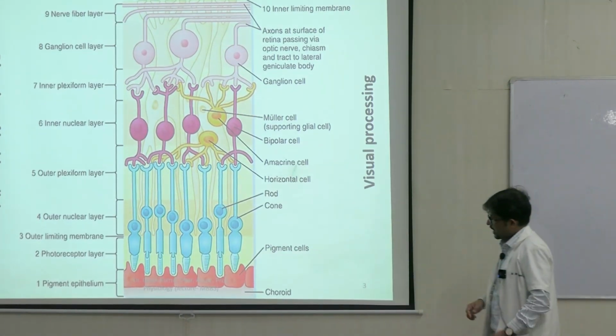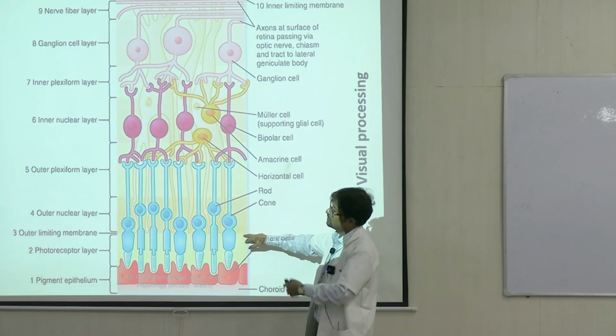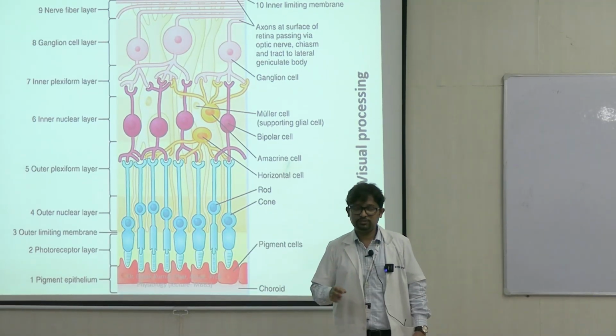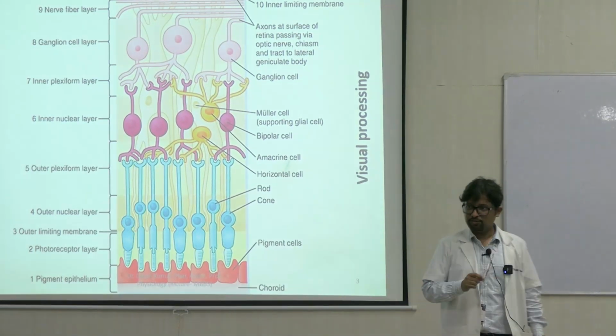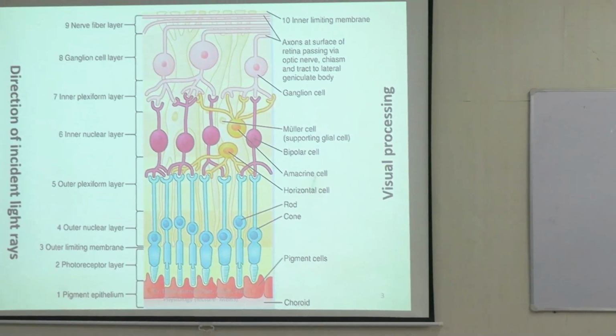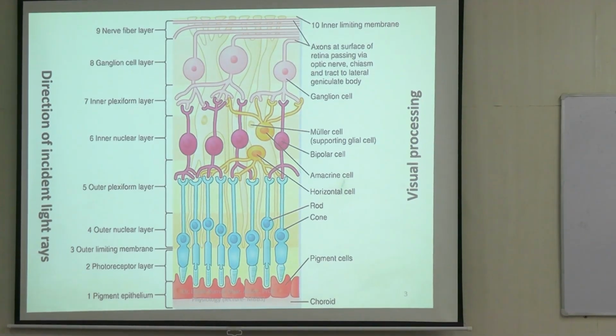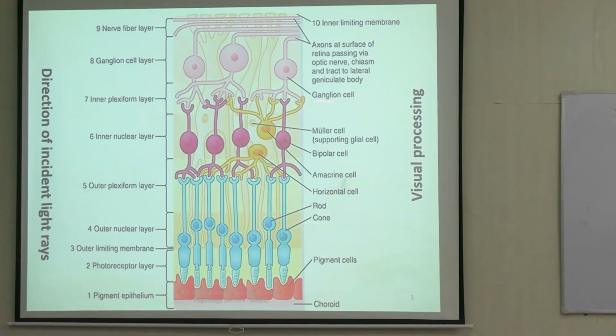Okay. The outer limiting membrane and inner limiting membrane are actually not very true membranes for that matter. The glial tissue in the retina, you will recall that nervous tissue is composed of neurons and neuroglia. So here the neuroglia are the Muller cells.